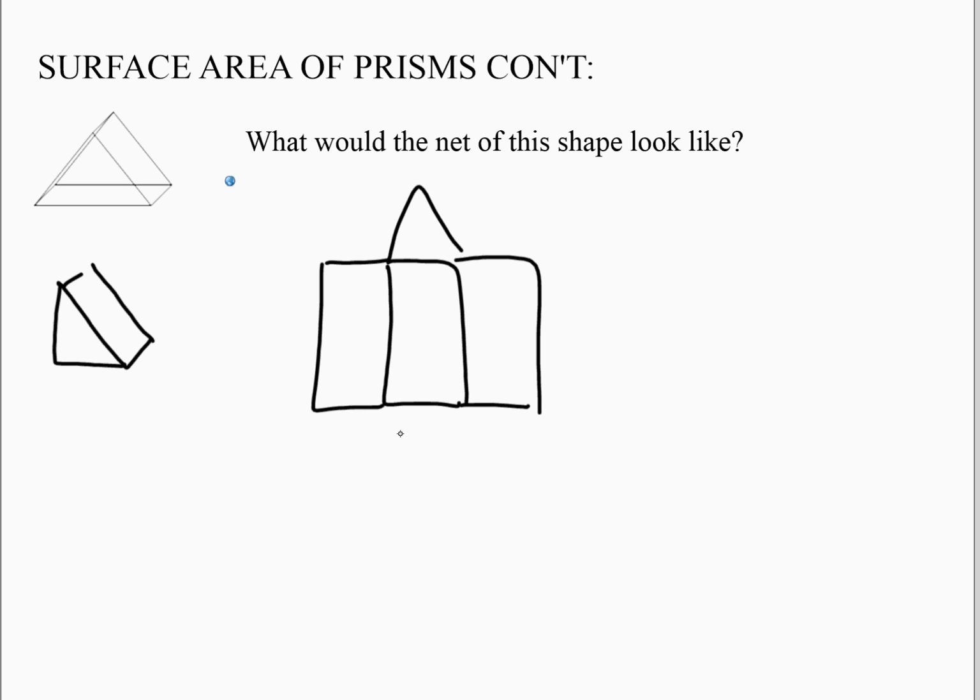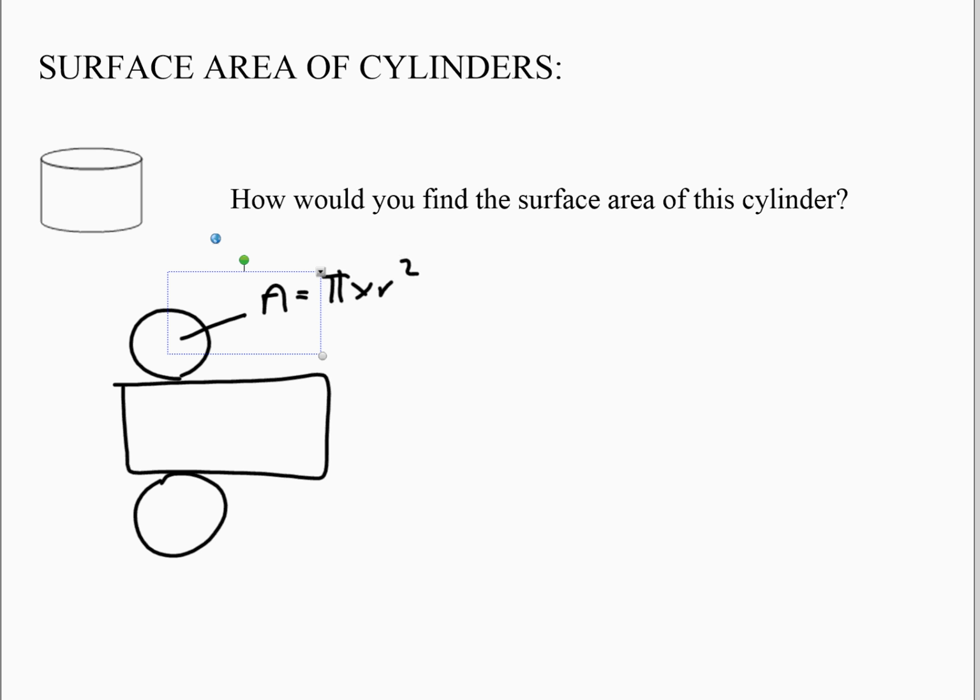How do we find the surface area? Well, the area of the circle is pi times r squared. And the area of the rectangle, based on what we just saw, this is actually the circumference, and this is the height.